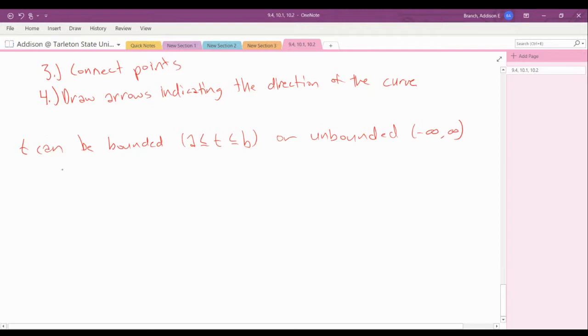Now, if t is bounded, you will have what is called an initial point, which is going to be when you have your minimum t. So your xy point is going to be x of a, y of a. And then your terminal point is going to be x of b, y of b.